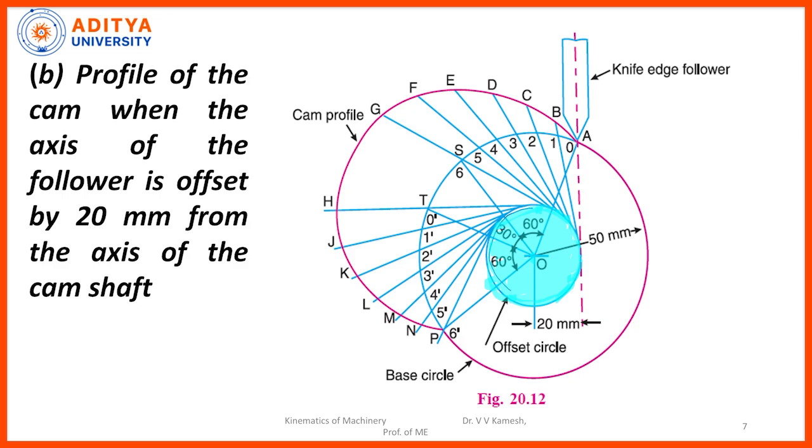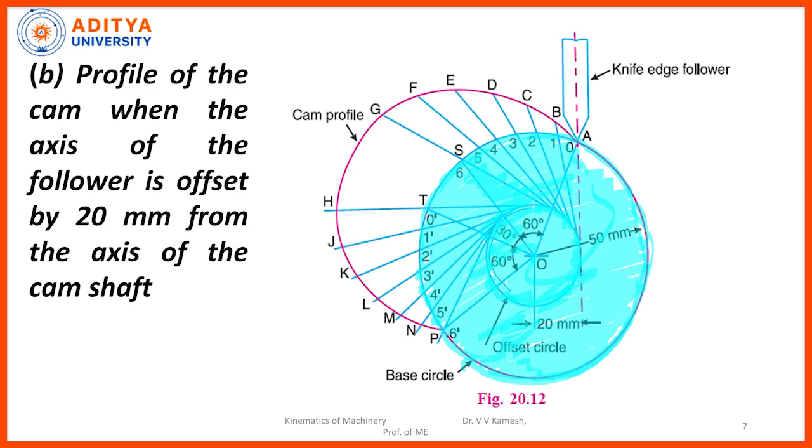So this is the 20 mm circle. The first thing I need to draw is the base circle. Initially I don't have any lines or arcs, only the base circle. Now inside the base circle I need to draw an offset circle.